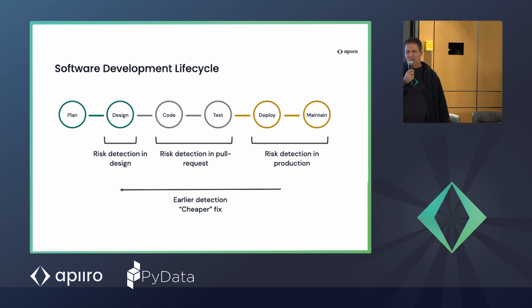So it's better to find it when you develop, when you code, or when you test your code. But it's even better if you find it in the design phase. Then it's cheaper to fix this issue.